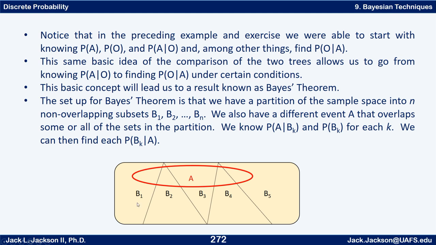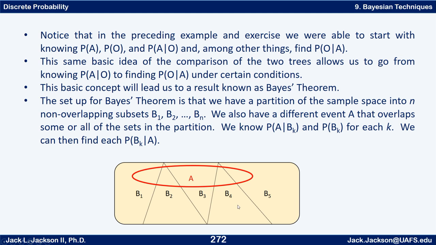So if we know it's in B1, we know the probability that it's also in A. So we know the ratio of basically this piece right here to this B1. And we know the ratio of this piece here to the B2. So we know the probability that it's in A given that it's in B2. And we know the probability that it's in A given B3, and the probability of A given B4, and the probability of A given B5, and so on until we run out of the things in our partition.